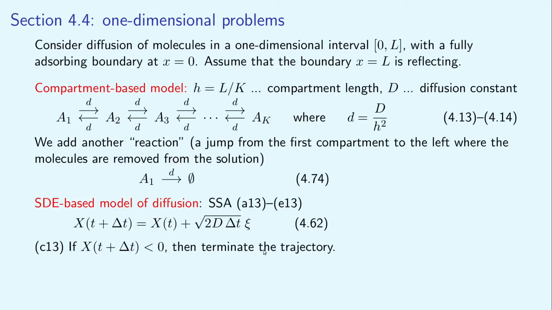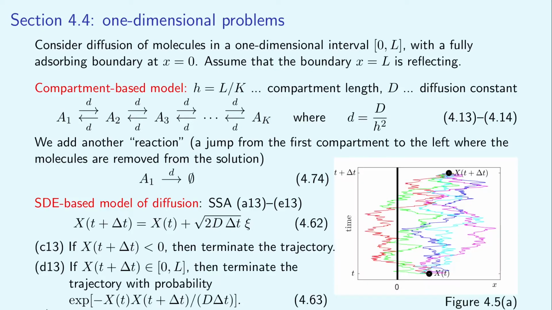While this might look like a reasonable approach to implement the adsorbing boundary condition, in the SSA A1-3E1-3 we include an extra step, D1-3. If the position at time t plus delta t is inside the simulated domain, we terminate the trajectory with this probability.